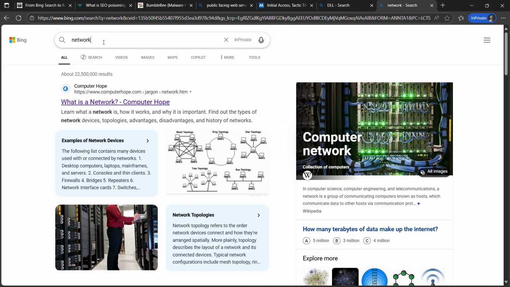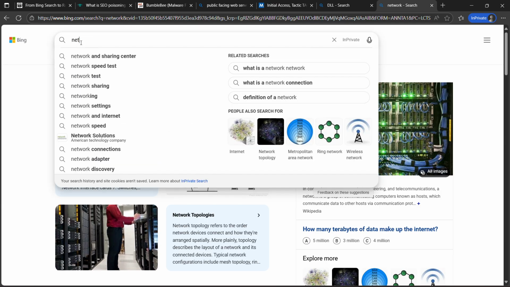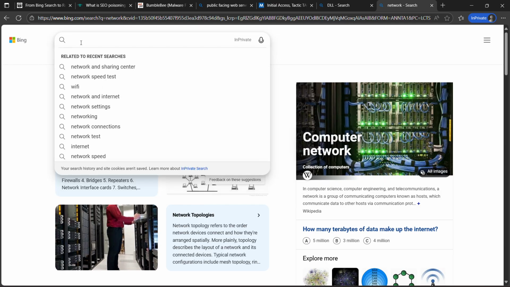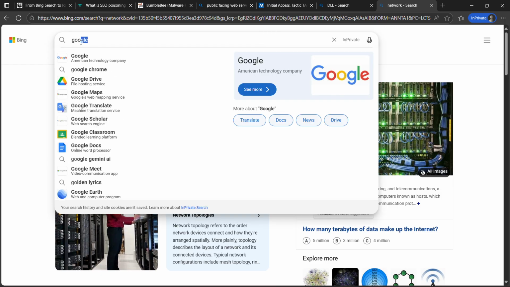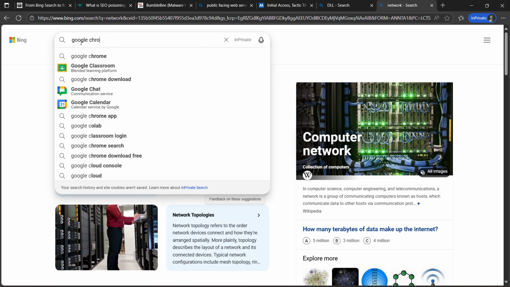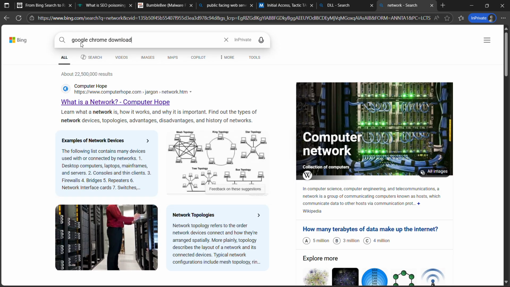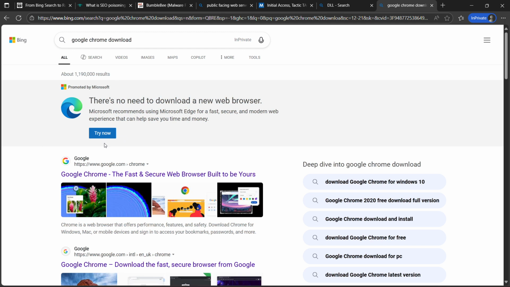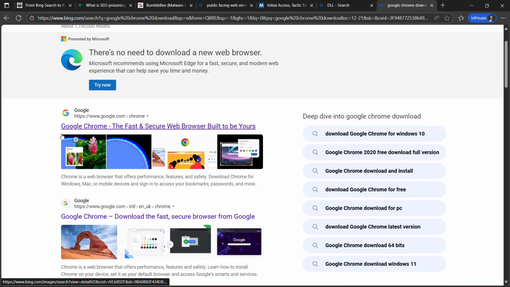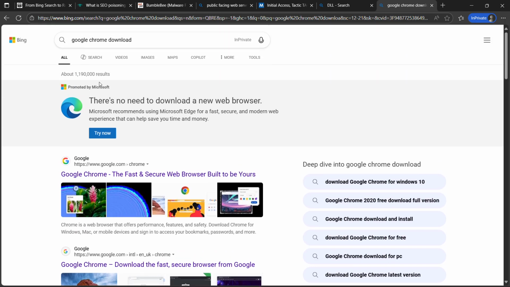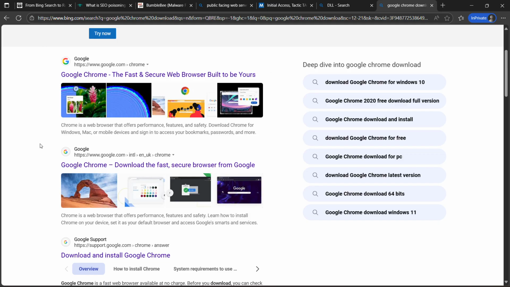Oh, yeah, I think when you search for something like an application, let's say you're looking for a Google Chrome download, I think this actually happened.